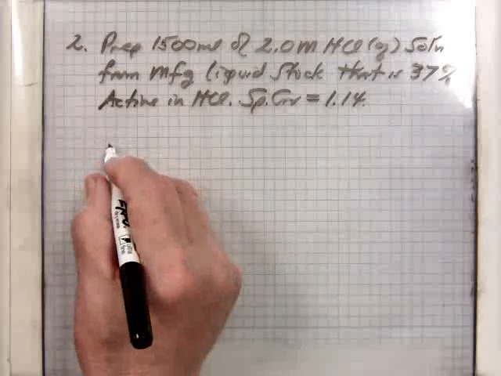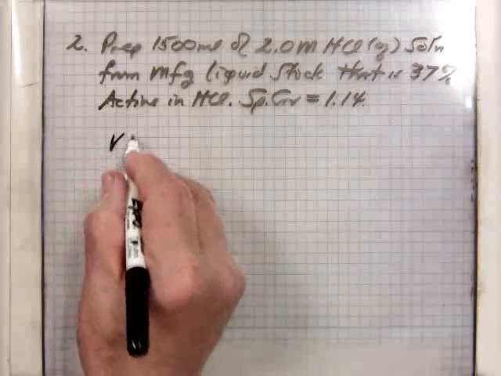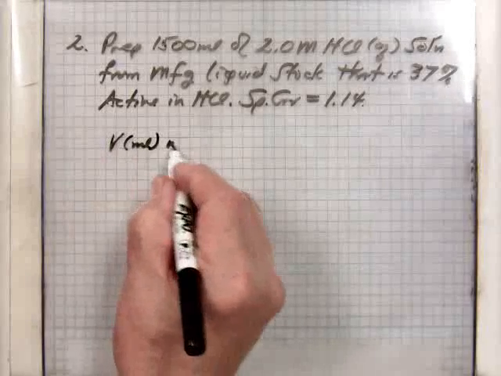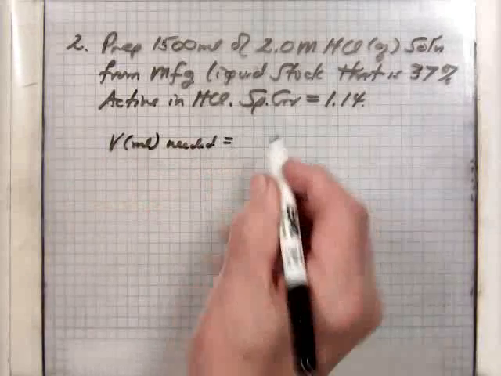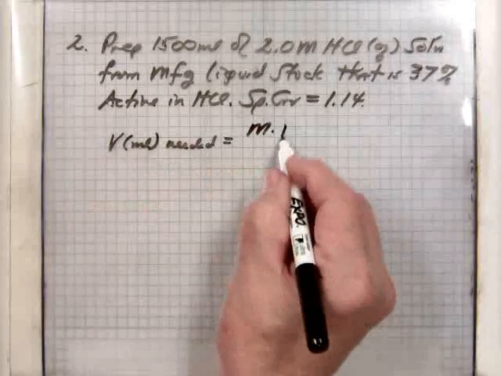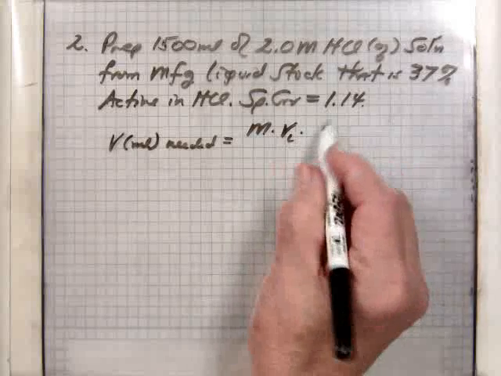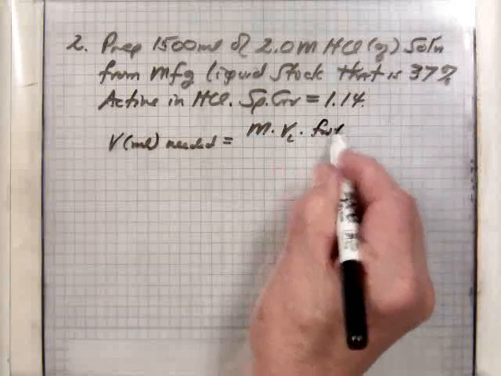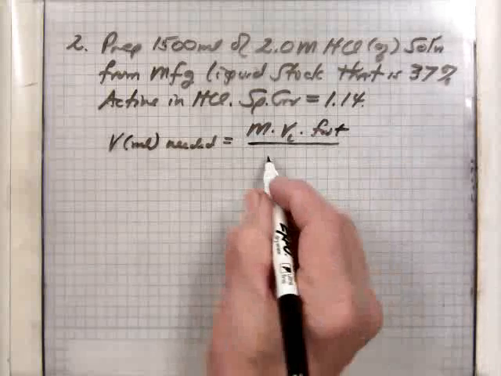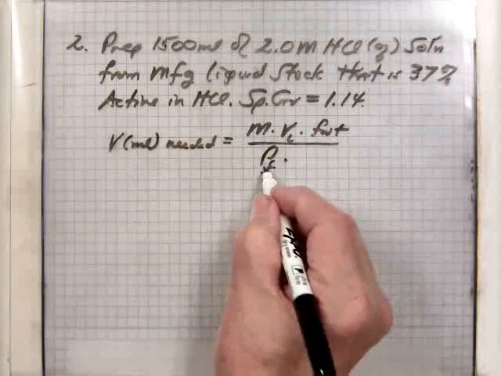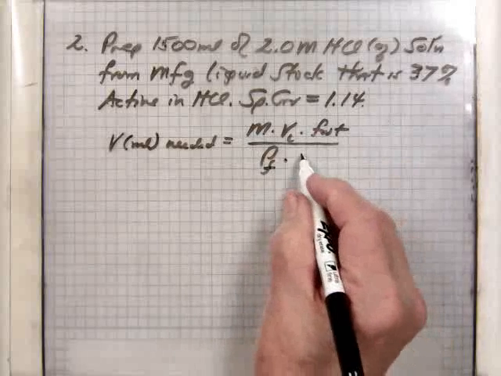So this would be using the formula: volume in milliliters needed is molarity times volume in liters times formula weight of the solute divided by the purity factor of the solute solution and specific gravity.